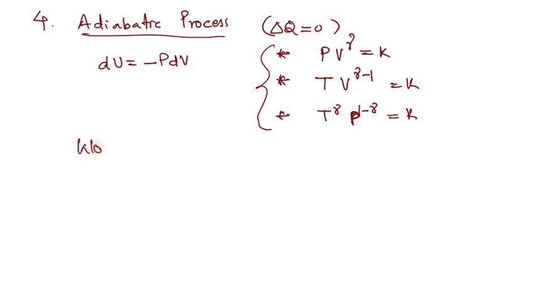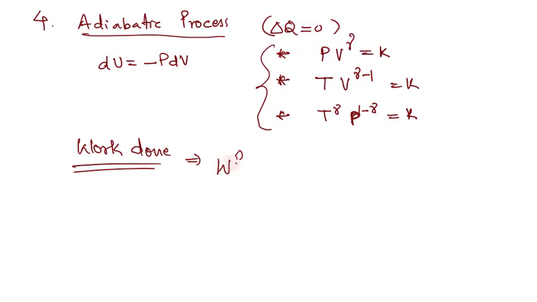Now let me define a quantity, that is work done in an adiabatic condition, because this work done will be very helpful when we study the Carnot engine process, the ideal engine process. There we will use this equation.